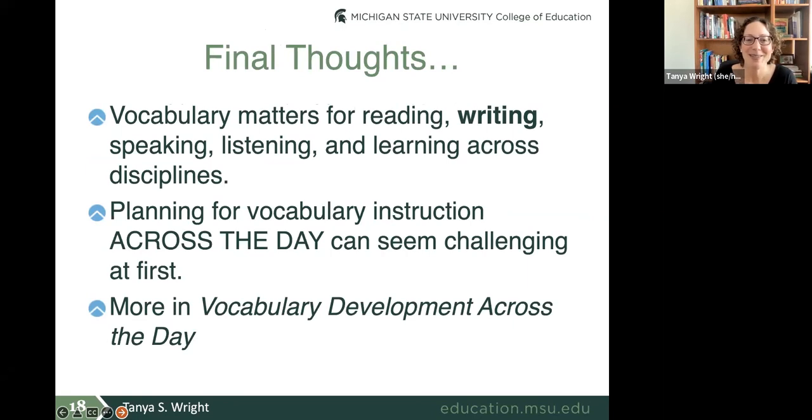Okay, so just to point out, I always say vocabulary matters for reading, writing, speaking, listening, and learning across disciplines, but the writing part, we've rarely had an opportunity to talk about it. It makes a difference to be explicit about it as part of thinking about a piece kids are writing.